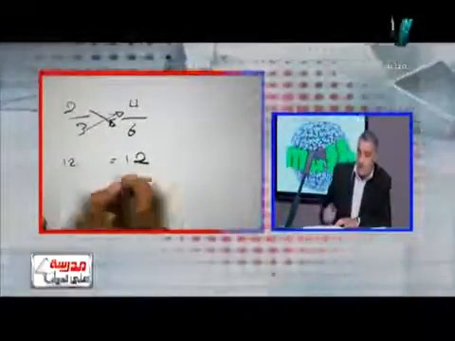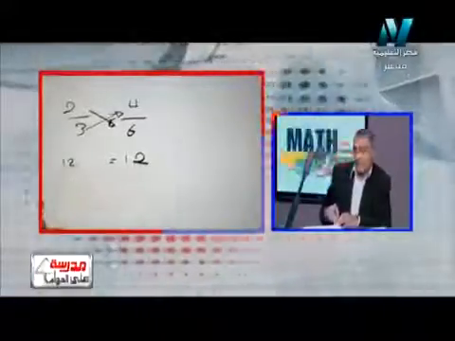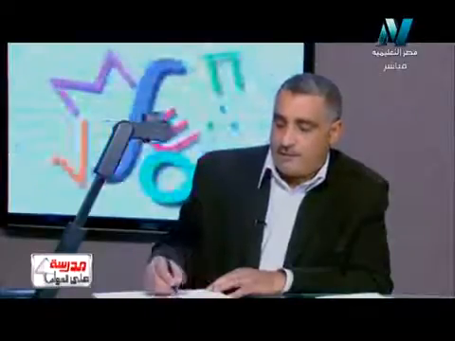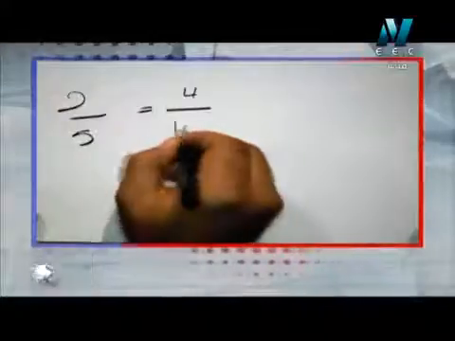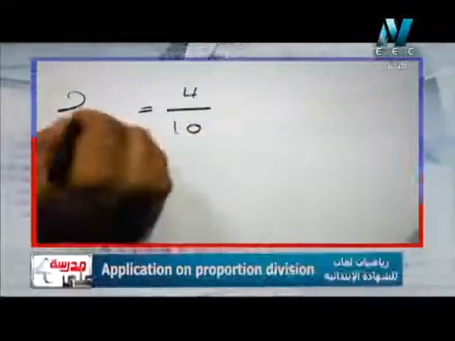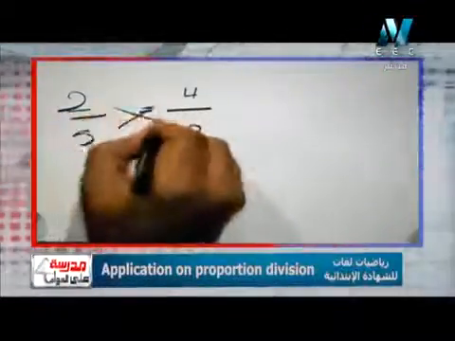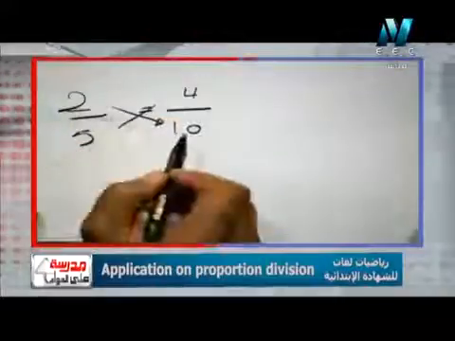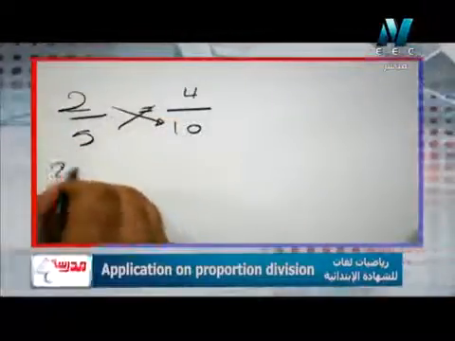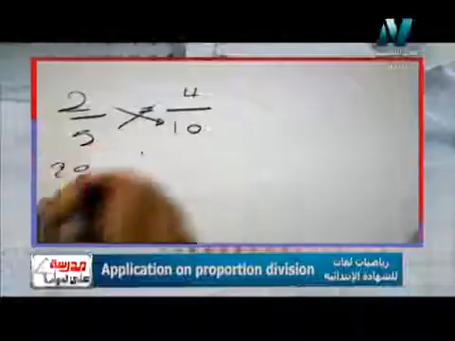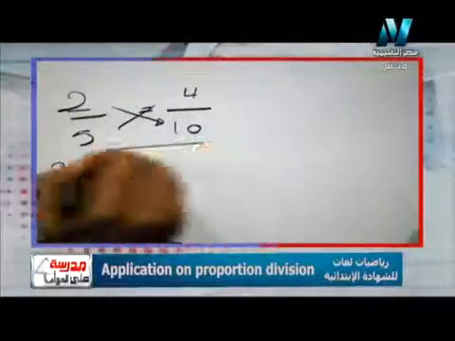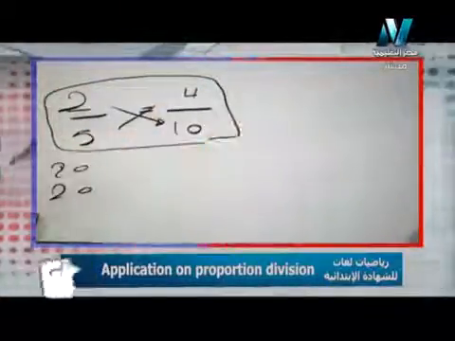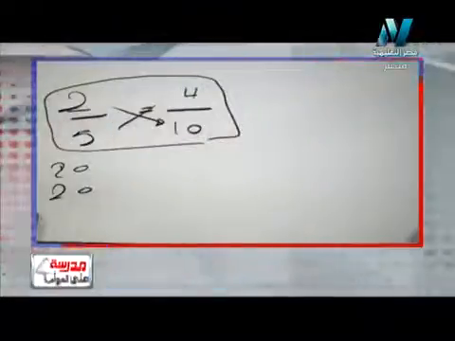We have a very important rule. If we have two ratios like 2 over 5 equals 4 over 10, just cross multiply. 2 times 10 equals what? Yes, 20. 5 times 4 equals the same number, so we can say these four quantities are proportional quantities.